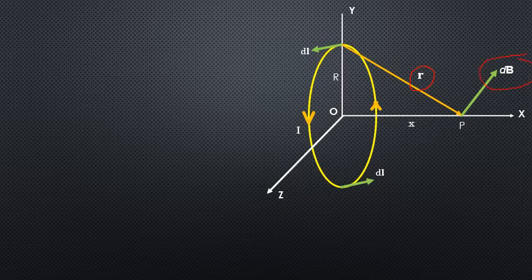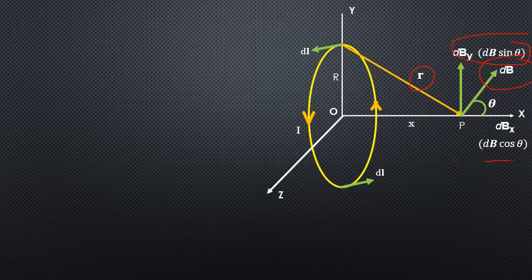Now we can divide it into two components, that is the cos component given by dB cos theta and represented by dBx here because it is along the x-axis, and the other one is the sine component, that is dBy or dB sine theta, since it is along the y direction. So these are our components of the magnetic field.